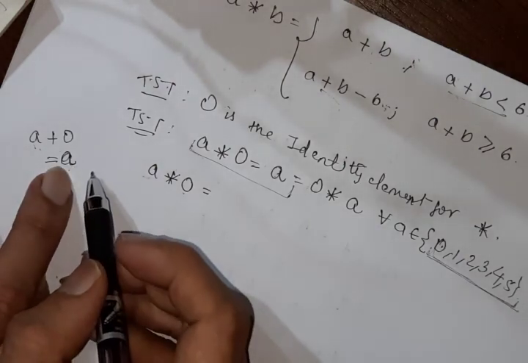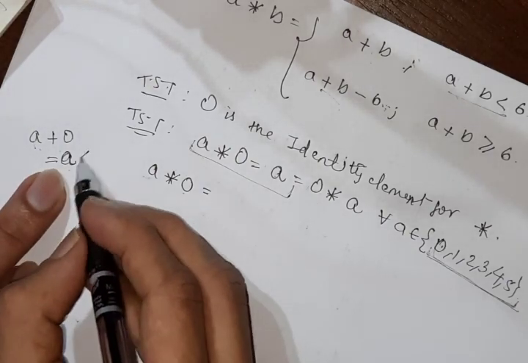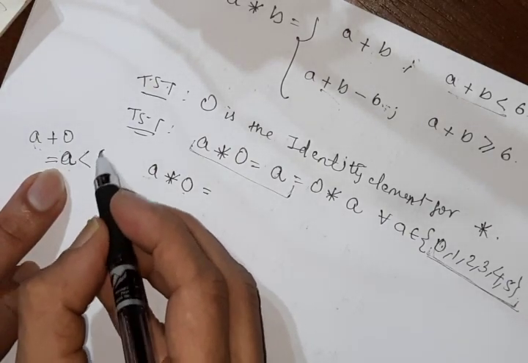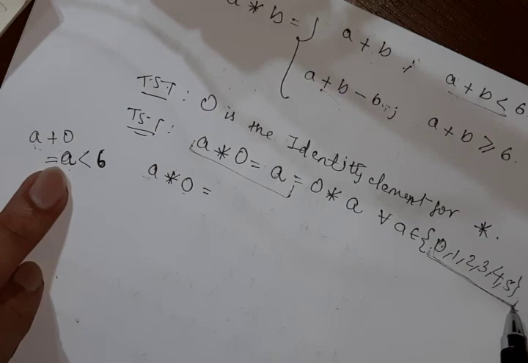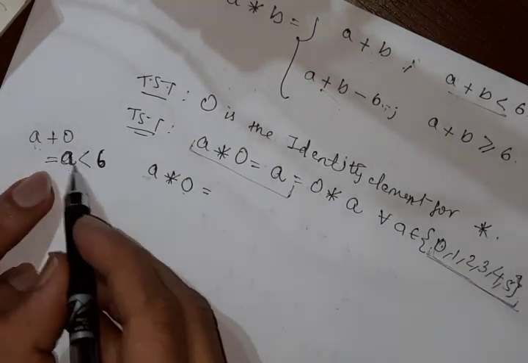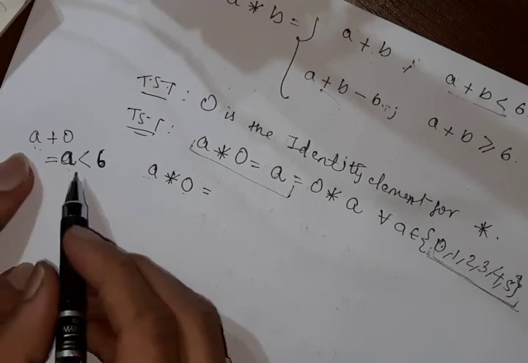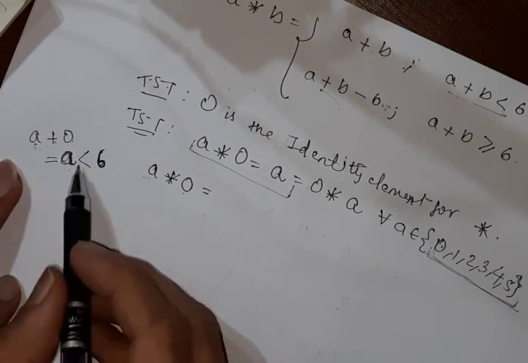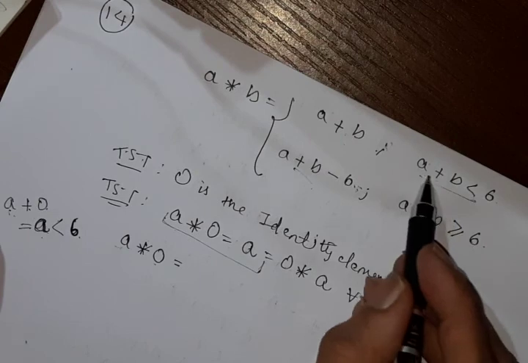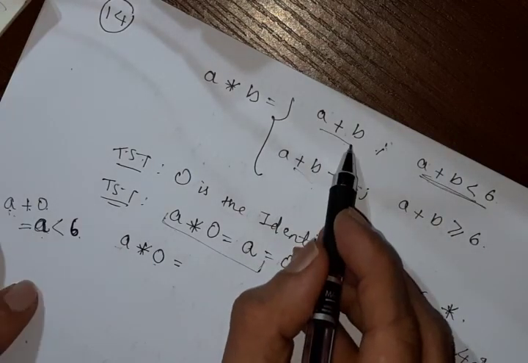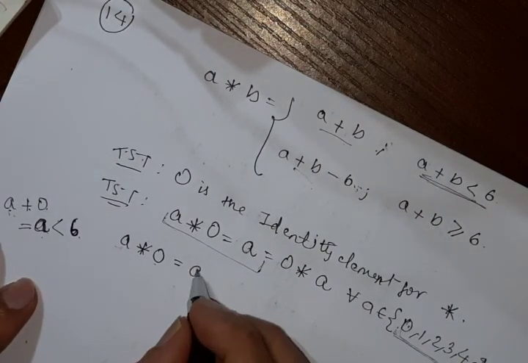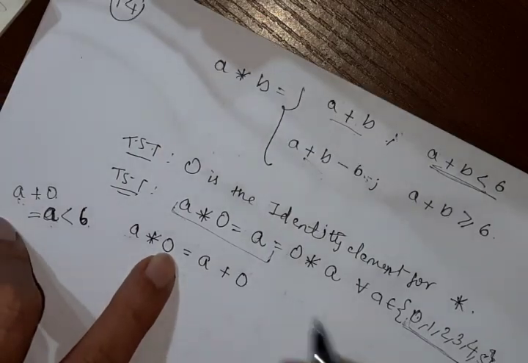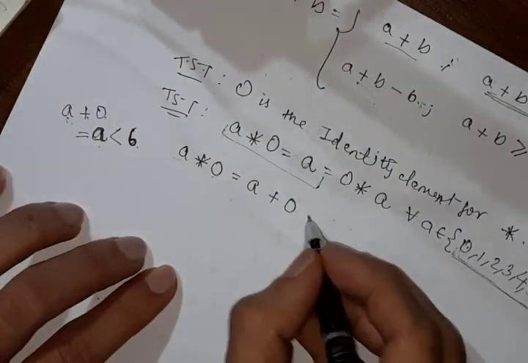A is less than 6, because A can take values at most 5. So A plus 0 is less than 6. Which definition? This one, that is A plus B, with B being 0 here. So A plus 0 is equal to A.